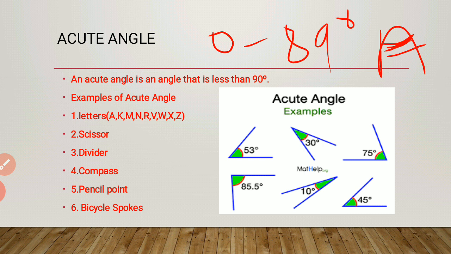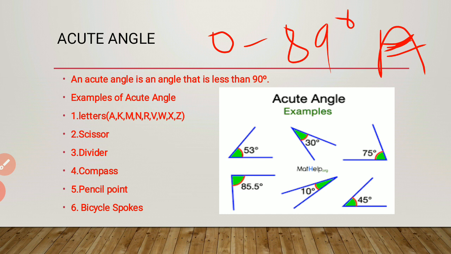Then your pencil point is also an acute angle. And bicycle spokes are also acute angles. There are so many other things which can make an acute angle, so you have to find them and learn about them.